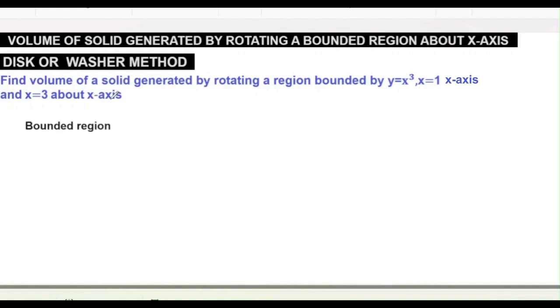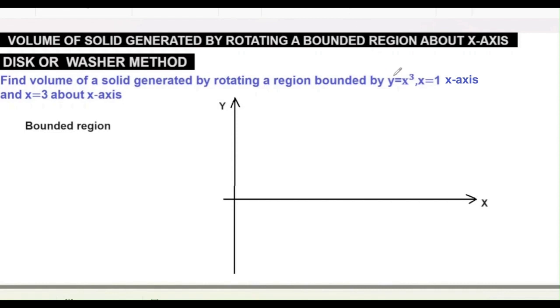So first we'll try to identify the bounded region. Let's start with the y-axis and x-axis, and first we're going to draw the graph of y is equal to x cube. Here is the graph, y is equal to x cube, and these two vertical lines x is equal to 1 and x is equal to 3.